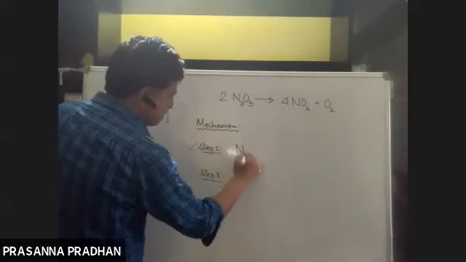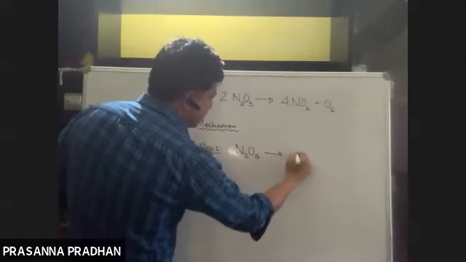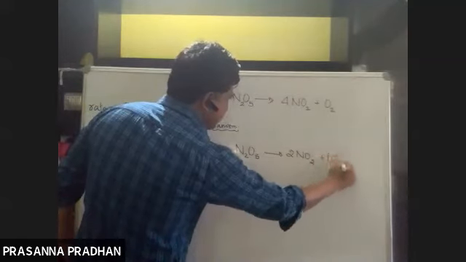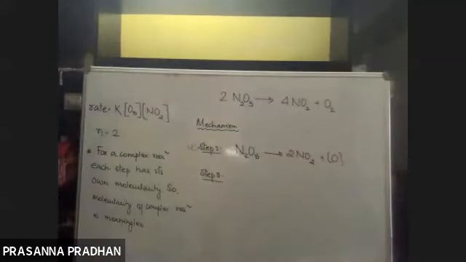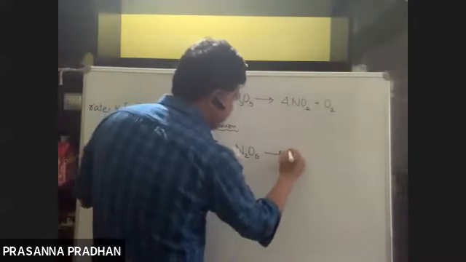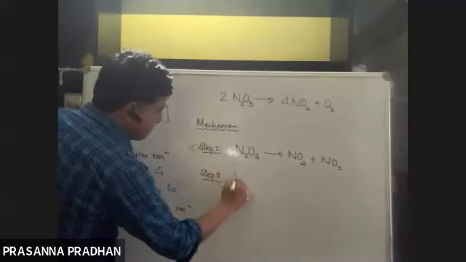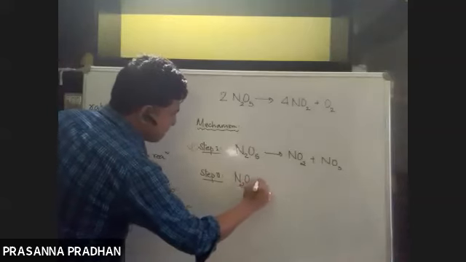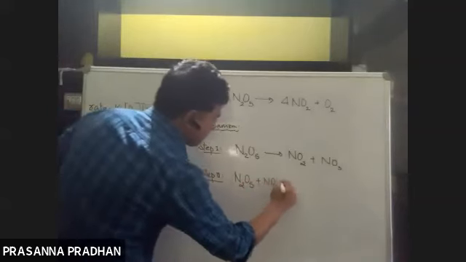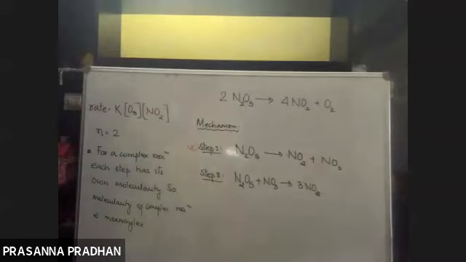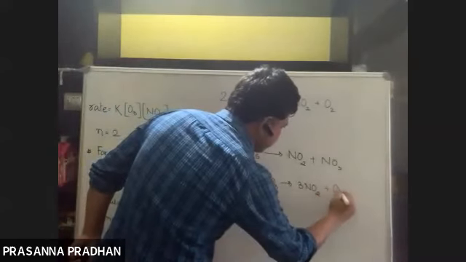So N2O5 gives us NO2 and NO3. Then again, N2O5 combines with NO3 to give you 3NO2 plus O2. So that's given in the question.